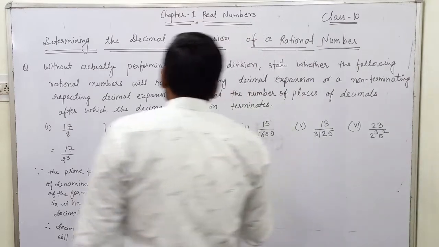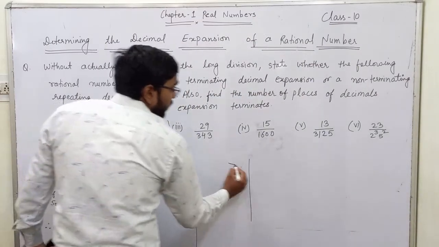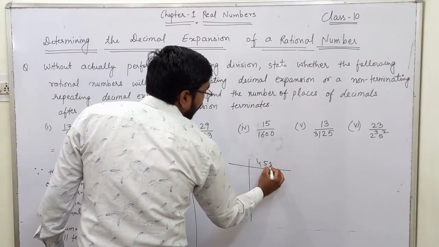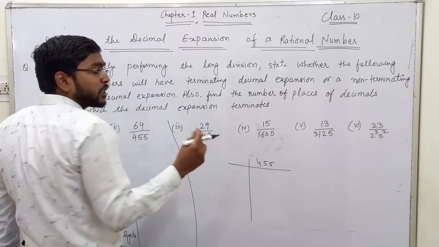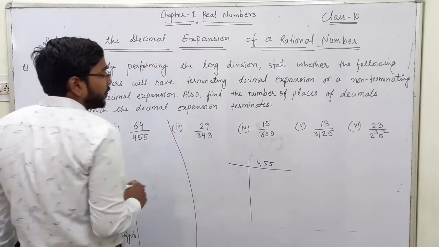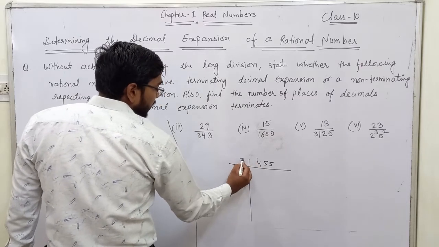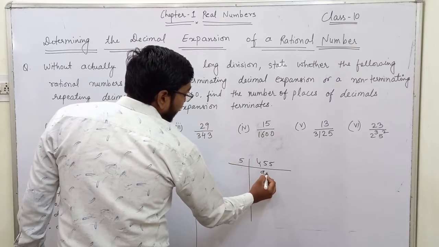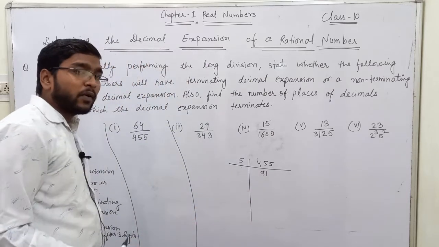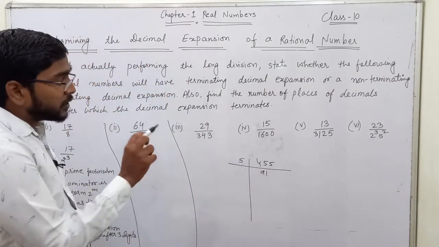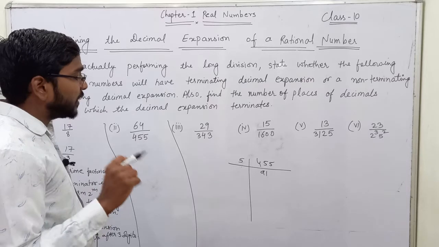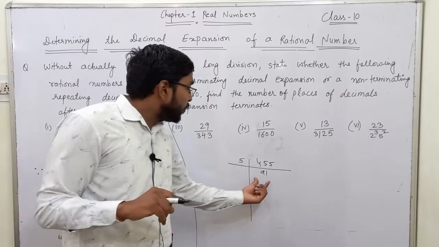Okay, so we will find the prime factorization of 455. The smallest prime number which divides 455 is, I guess, 5, and it will divide it 91 times. Now, what is the smallest prime number that divides 91?